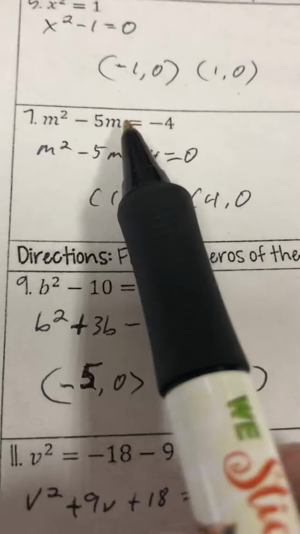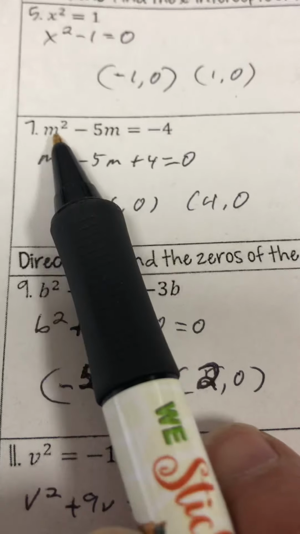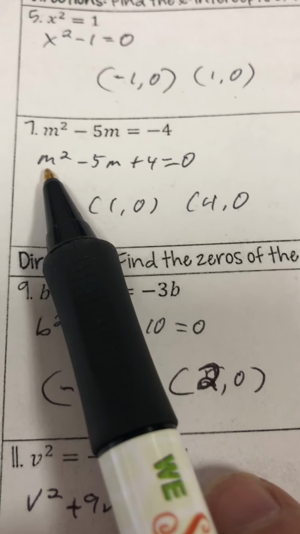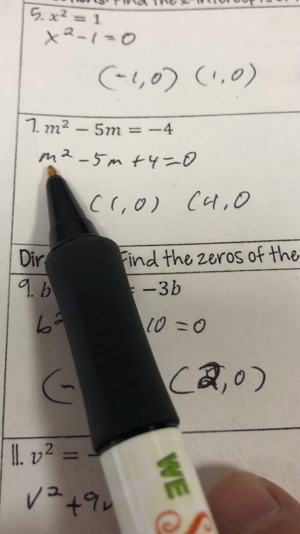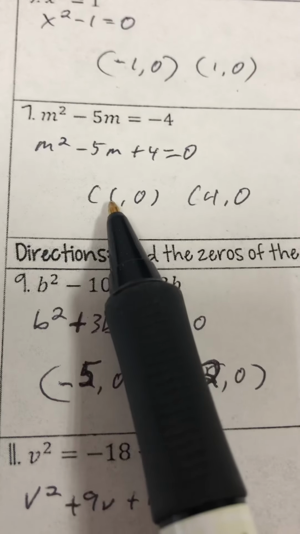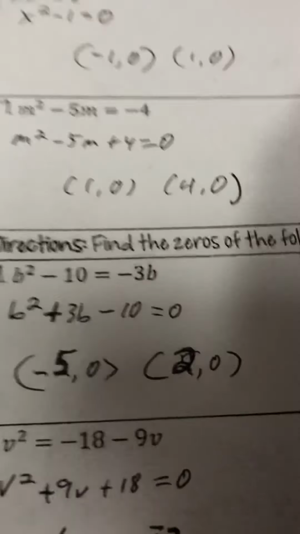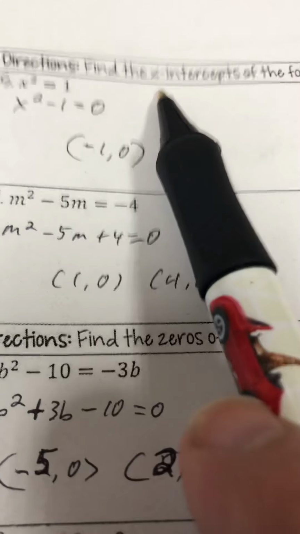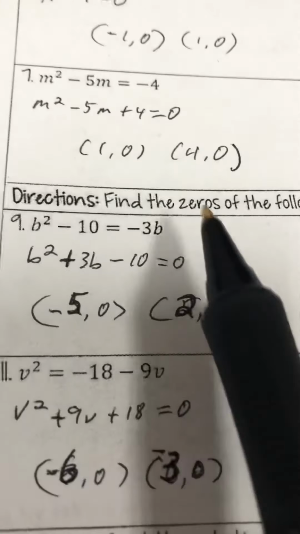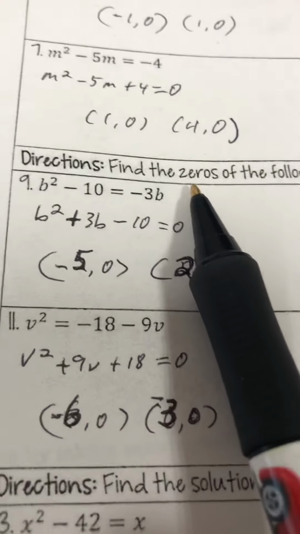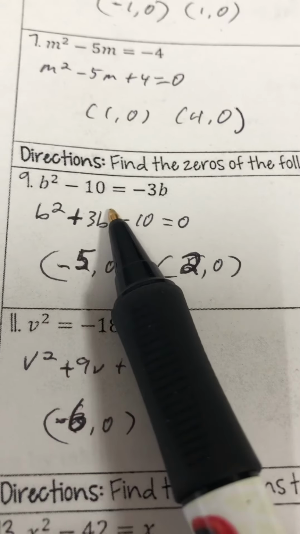Number 7. Remember, even though it's not x, you could use x in your calculator or on Desmos, and you plug that in, and you will get 1, 0, and 4, 0 where it crosses your x-intercepts. X-intercepts and the roots are the same thing. They're also called zeros. So to find the zeros, you're doing the same thing.